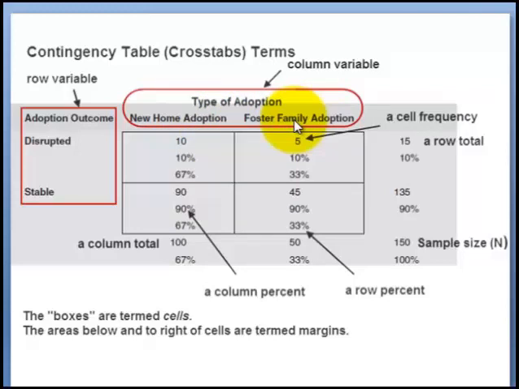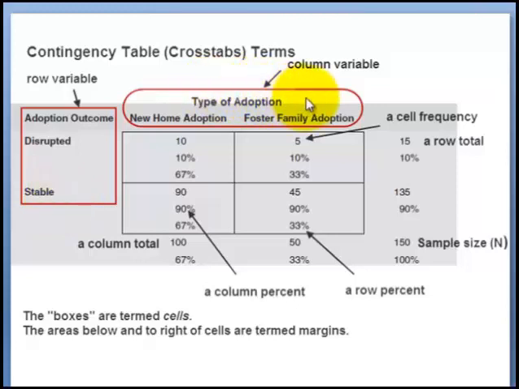And then adoption can have two outcomes. The adoptive placement can disrupt, which is to say the child will be returned to the authority of the child welfare agency, or secondly, the adoption will work out. That is, the child will remain in the home and the adoption will be intact. This is an example from a child welfare related context.